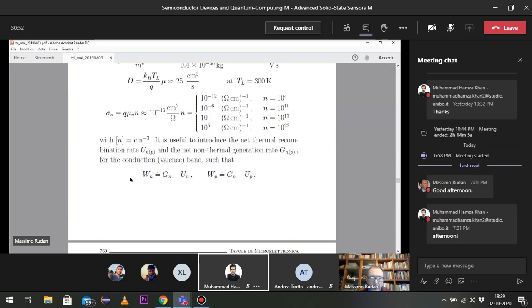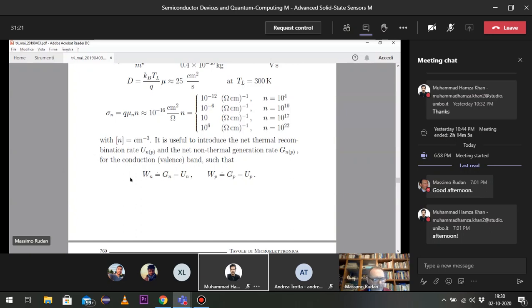Instead, it is customary to reserve a special symbol to the thermal transitions, and this symbol is Un for the electrons and Up for the holes. But it is also customary to describe these as recombinations less generations. So this is the reason for the minus sign.